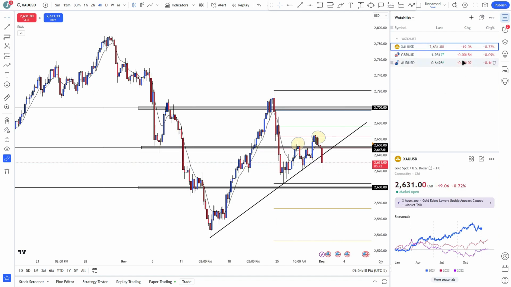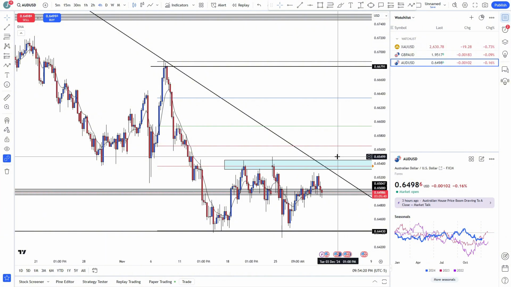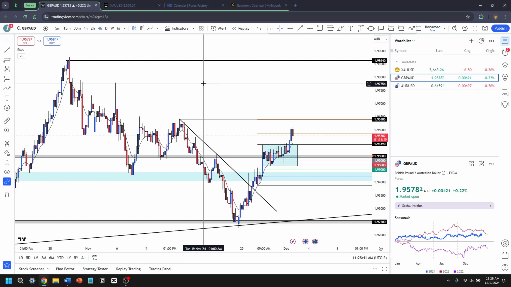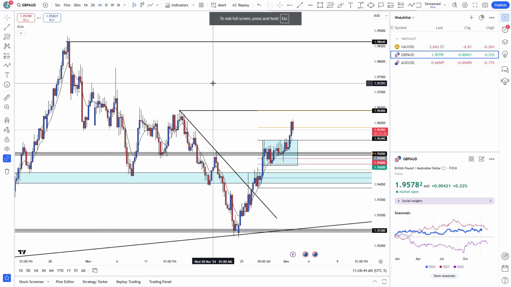Gold pushing down, continuing, and AU pushing down. Yeah, that's really my biases for these pairs. Pretty simple, short. Going to come back soon and see how my biases played out. So, yeah. Alright, so looking at our pairs again.